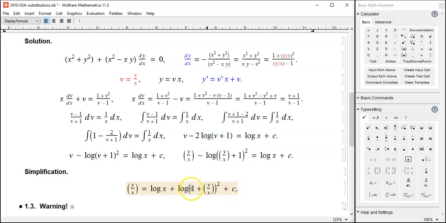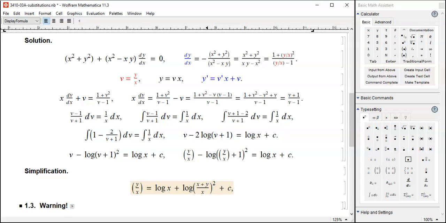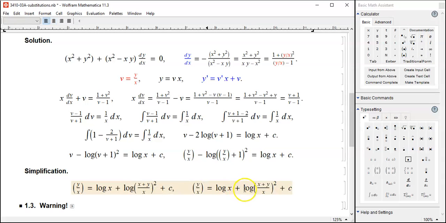And then let's see, getting these in common denominator, I have x plus y over x instead of this. Okay, and then combining this logarithm and that logarithm together into a single logarithm. Let's see, log of x times this.